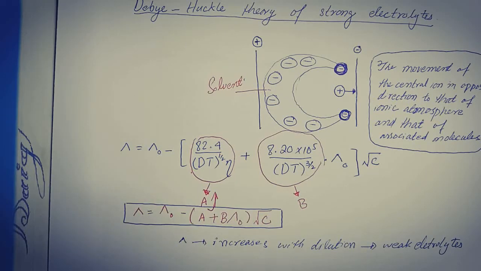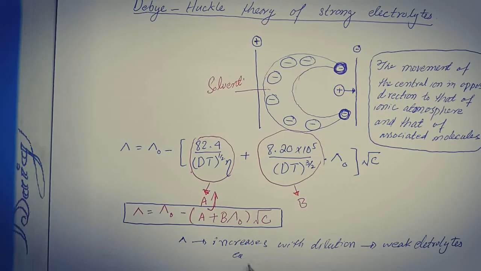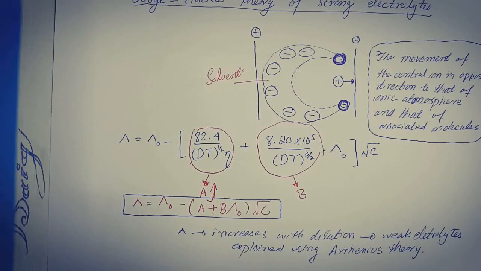This increase in the equivalent conductance of the weak electrolytes can be explained using Arrhenius theory. And this theory suggests that the conductance increases because the dissociation of weak electrolyte increases with dilution.